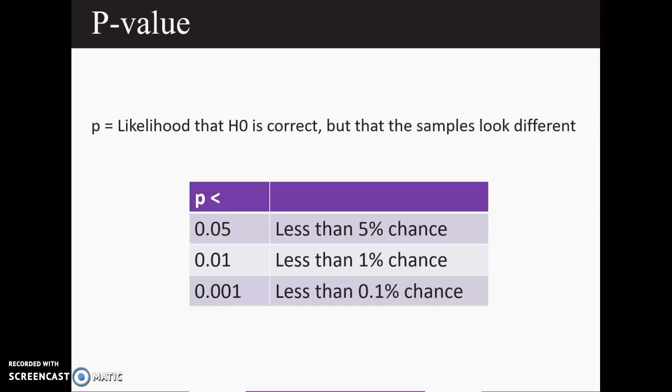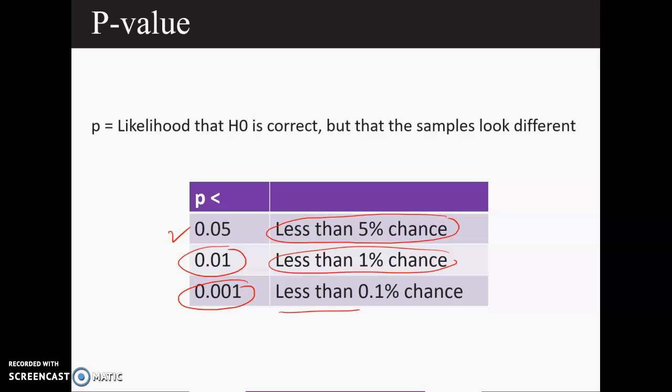So here you can see 0.05. So the probability is 0.05. It means less than 5% chance. 0.01 means 1% chance. 0.001 means less than 0.1% chance. So this is 95%, this is 99%, and this is 99.9%.